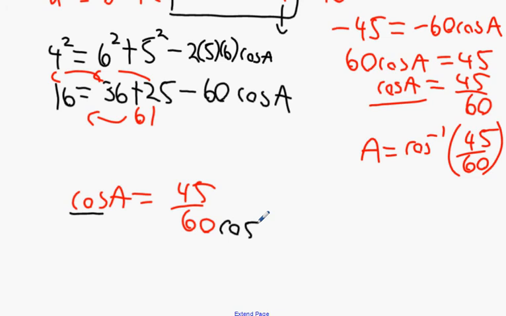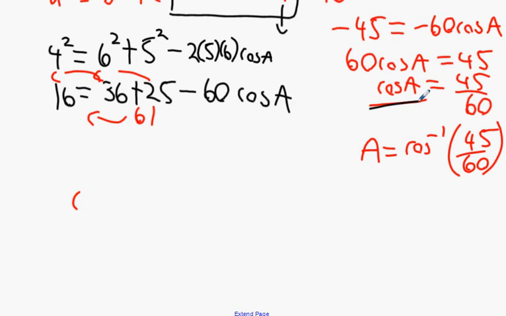Only for those three. Otherwise, you'd be correct. So this here, you're not allowed to do. To separate cos from A, you have to use cos inverse. Is that right? Okay. So what's cos inverse 45 over 60? Anybody?